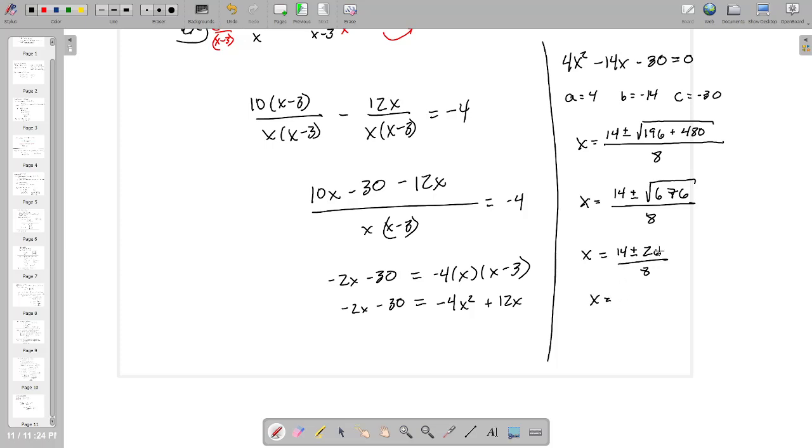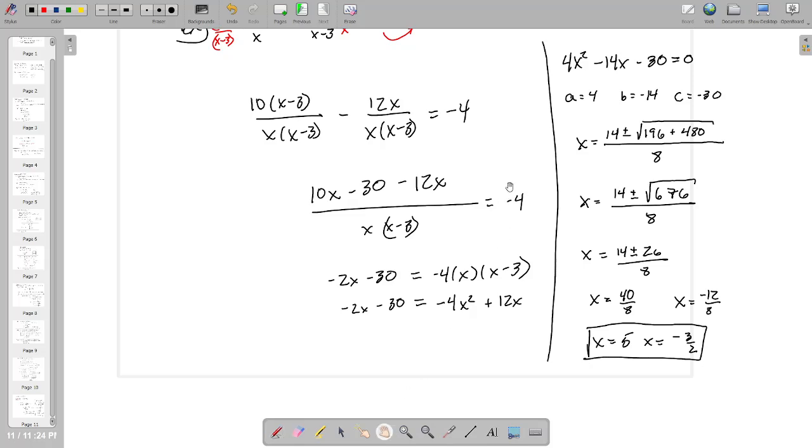So x will equal 14 plus 26 is 40 over 8, and x equals 14 minus 26, which would be negative 12 over 8. So x is equal to 5, and x is equal to negative 3 halves. And these will be your two solutions for this example.